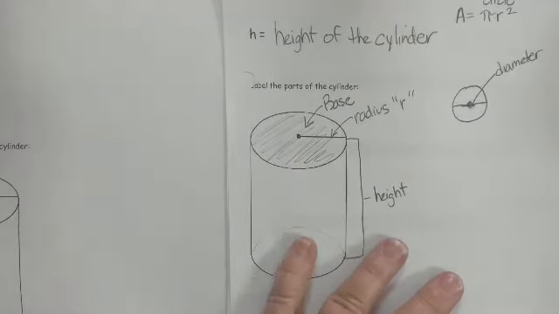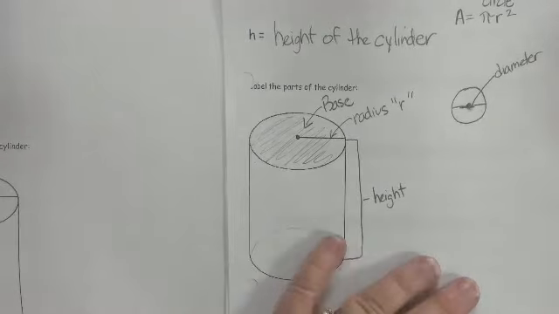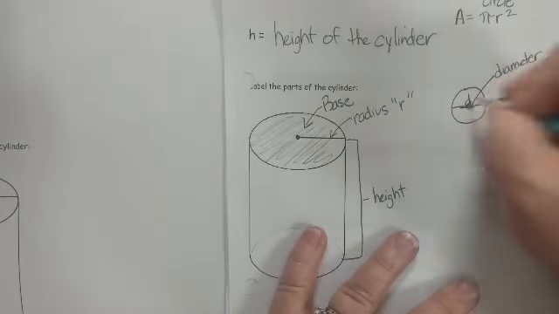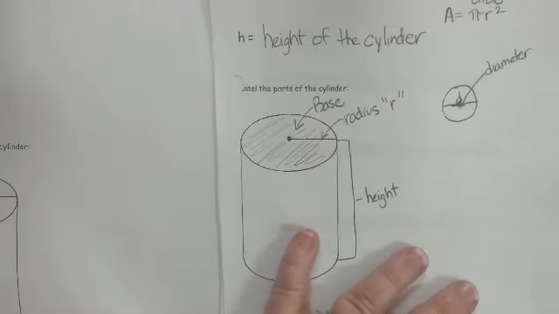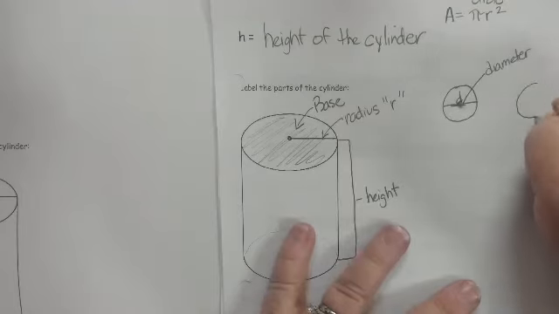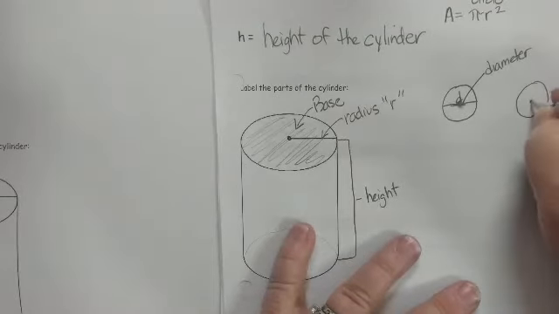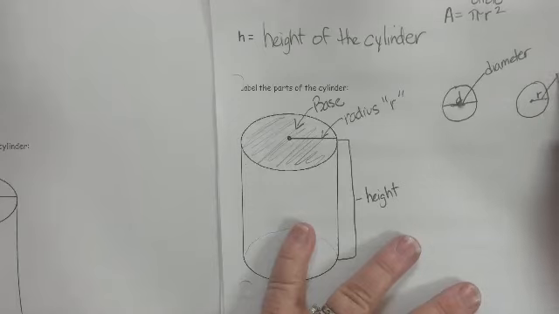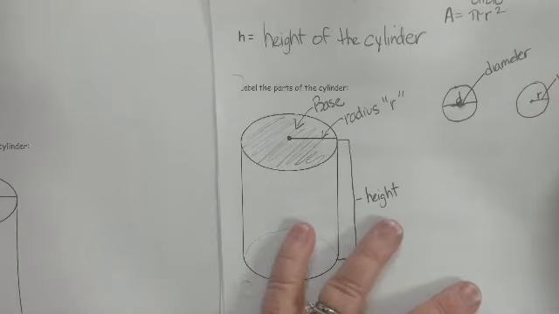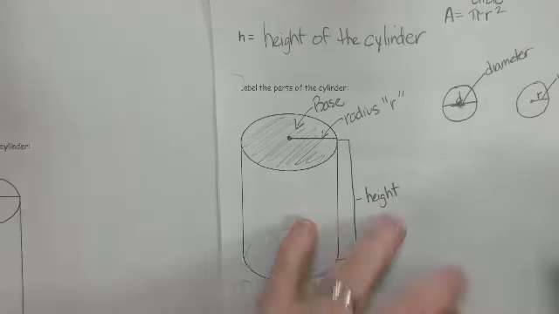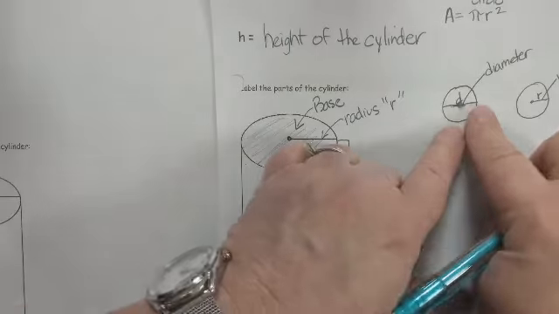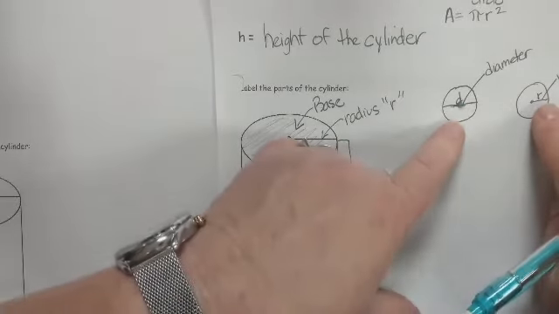Why is this important? Because sometimes they give you a diameter, and we're just going to represent it with a D. And sometimes they give you halfway, which is the radius, or an R, okay? And you have to know how to go back and forth. So if you have a whole way across, how do you find halfway across?